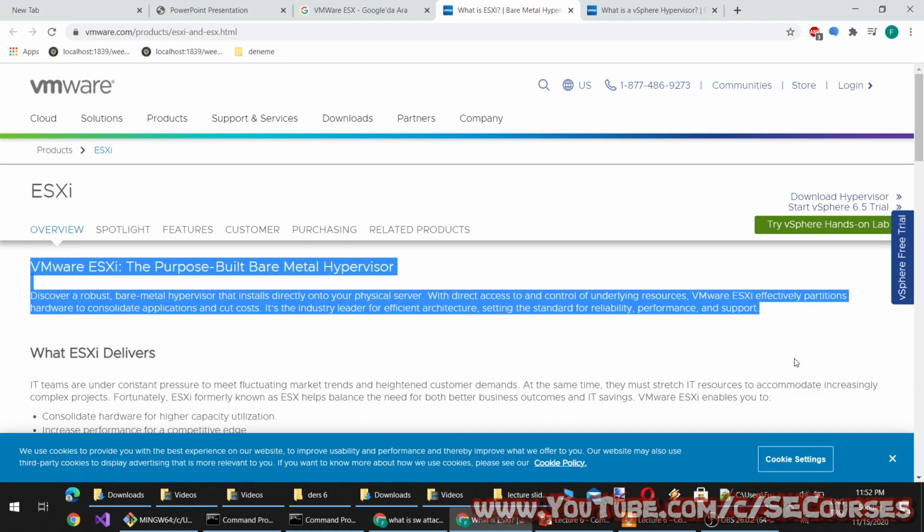VMware ESXi, the purpose-built bare metal hypervisor. Discover a robust, bare metal hypervisor that installs directly onto your physical server. With direct access to and control of underlying resources, VMware ESXi effectively partitions hardware to consolidate applications and cut costs. It's the industry leader for efficient architecture, setting the standard for reliability, performance, and support.